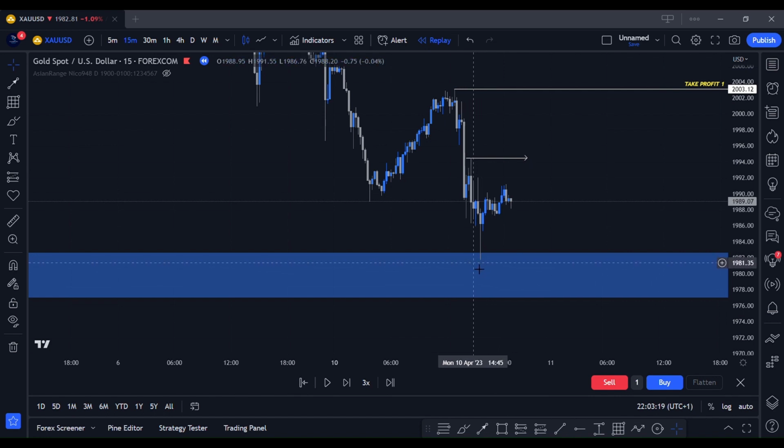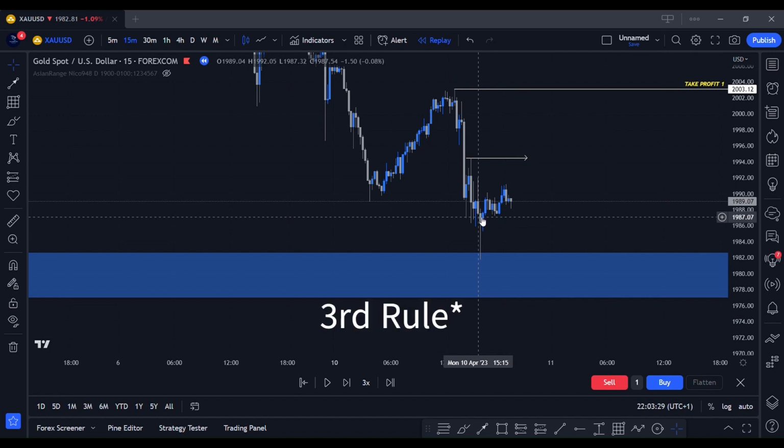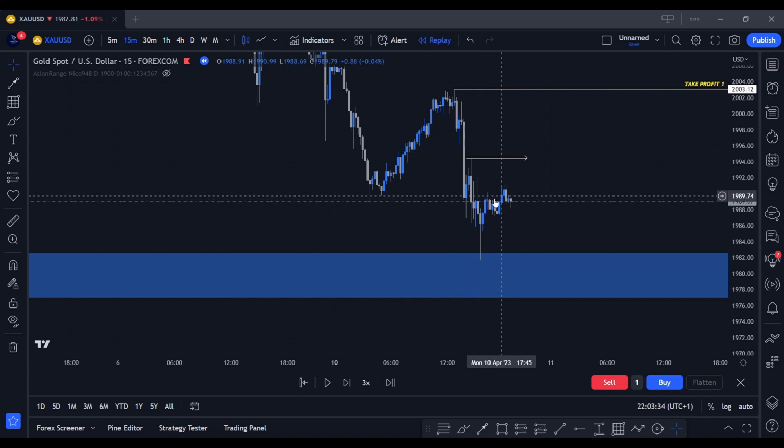Then I look to see how price action shows whether market control has changed from sellers to buyers, or sellers still have control. That is my second rule for identifying the structure and control of the market, based on higher time frame mitigation.